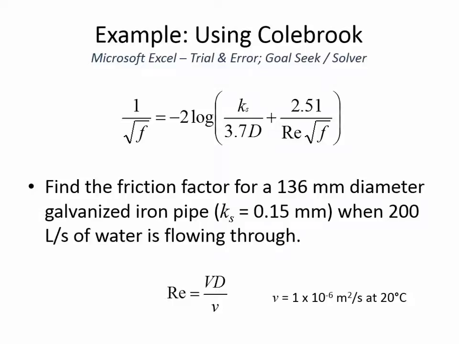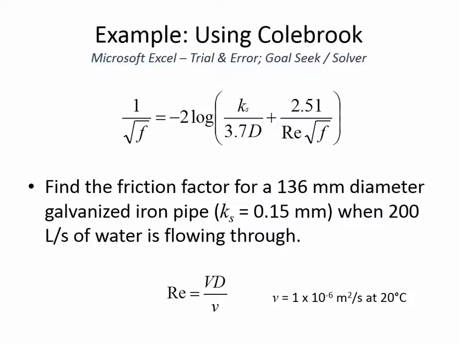So we'll find the Reynolds number for these conditions: the velocity, which is 13.77 meters per second, times the diameter, 0.136 meters, and the kinematic viscosity, 1 times 10 to the minus 6th meters squared per second. And we get from that the Reynolds number is 1,872,413. That's the Reynolds number that we're going to use in the Colebrook equation.